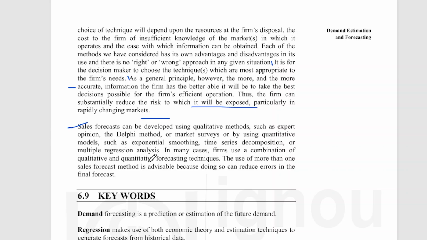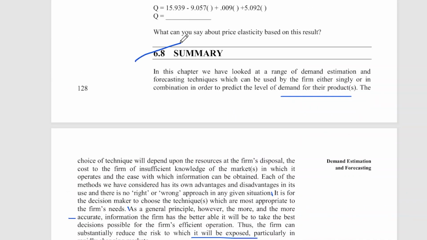Sales forecasts can be developed using qualitative methods such as expert opinion, the Delphi method, or market surveys, or by using quantitative models such as exponential smoothing, time series decomposition, and or multiple regression analysis. In many cases, firms use a combination of qualitative and quantitative forecasting techniques. The use of more than one sales forecast method is advisable because doing so can reduce error in the final forecast. Okay, so this is a summary of this unit.